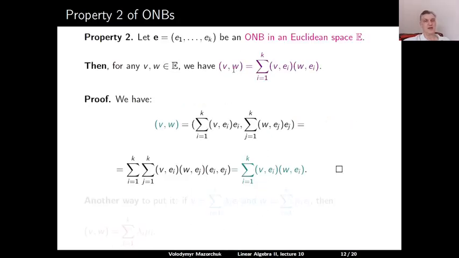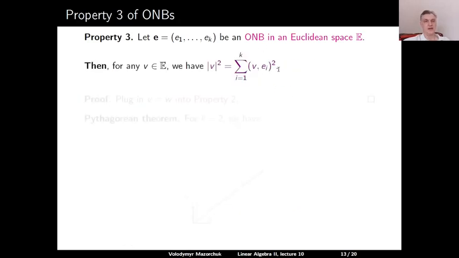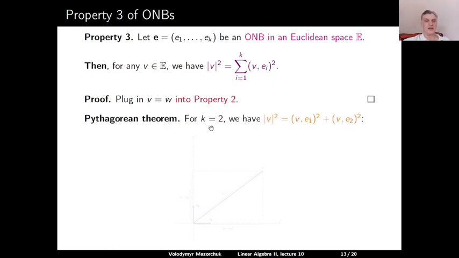We just plug in w equal to v in this formula, and we get exactly property 3. And this property can be considered as a higher dimensional generalization of the Pythagorean theorem. In the case k is equal to 2, this property reads that the length of v squared is equal to the scalar product between v and e_1 squared plus the scalar product between v and e_2 squared.